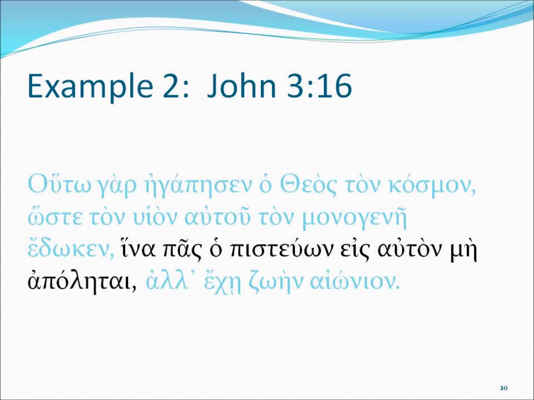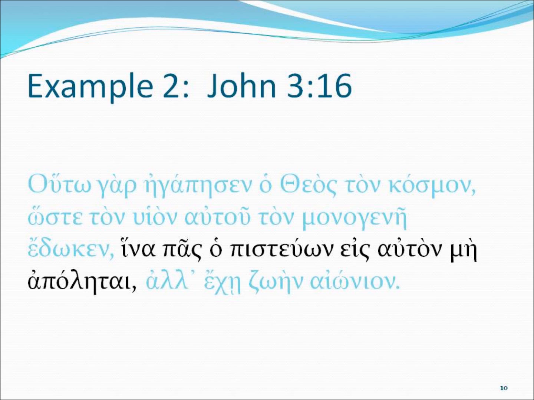Here's the next cluster. Hina pas ho pisteuōn eis auton mē apolētai. You should be recognizing the rough and the smooth breather marks throughout there. Also the diphthong in pisteuōn, eis, auton.